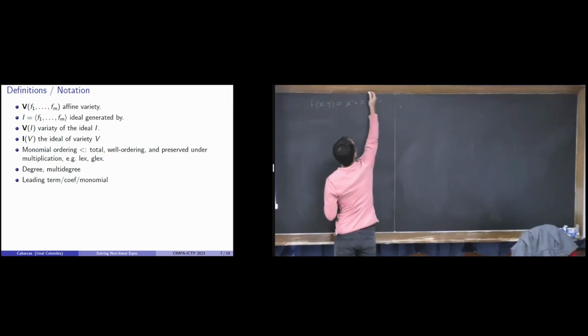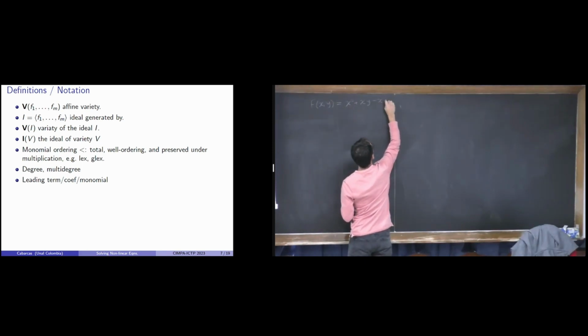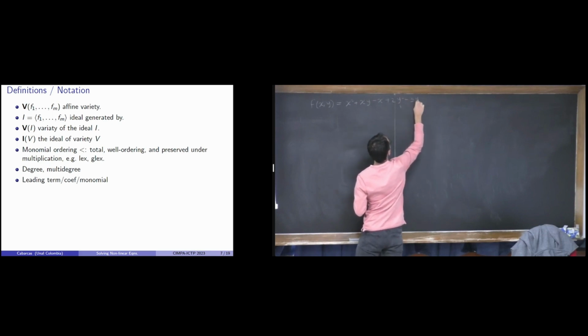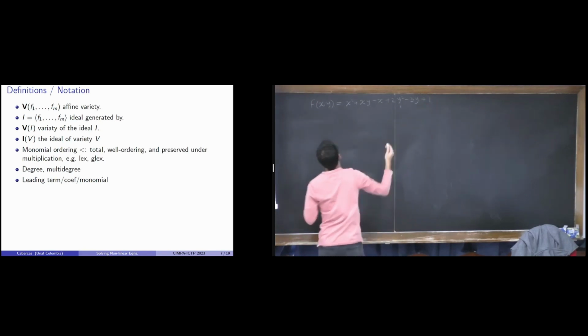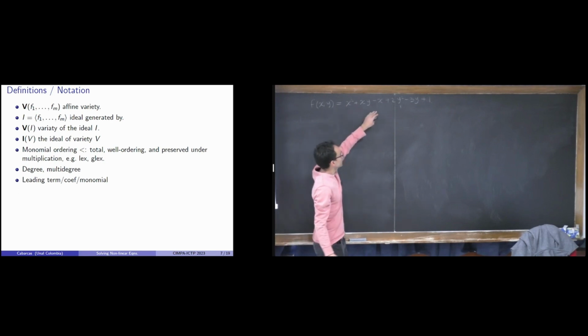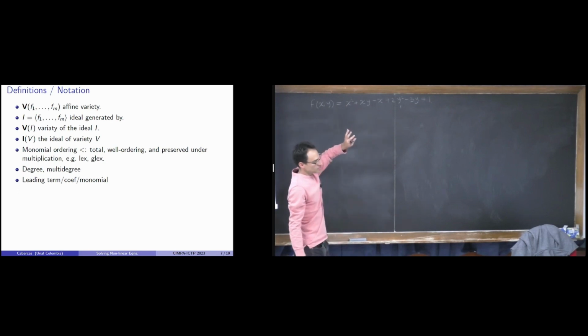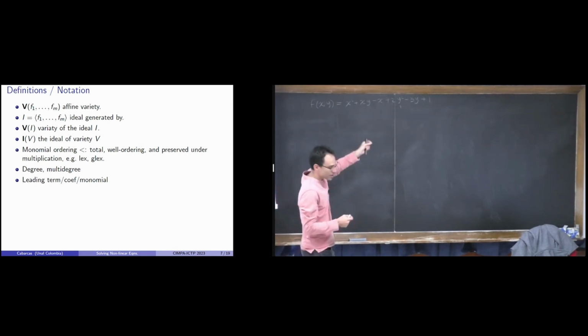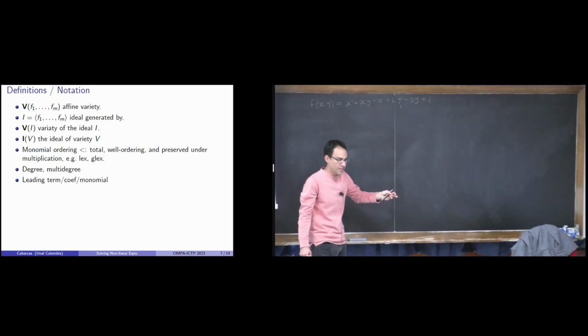I ordered, so these are two variables x and y. I'm considering x to be larger than y, and I'm ordering the terms, the monomials in the lexicographic order.